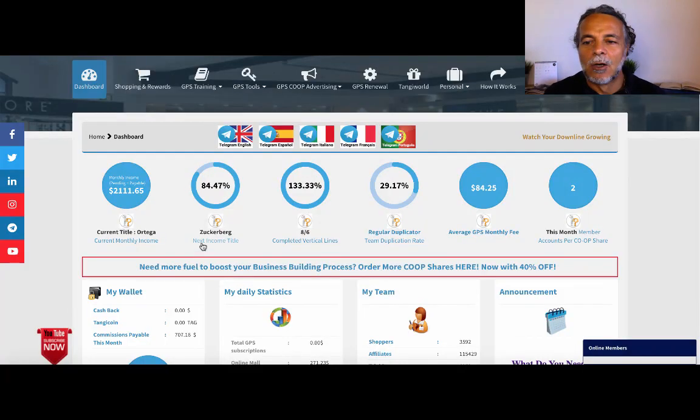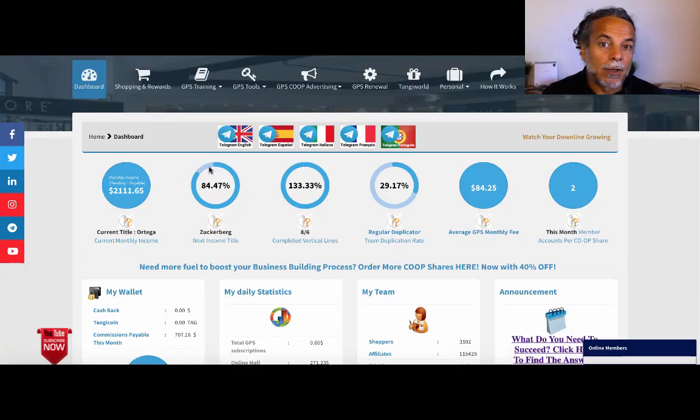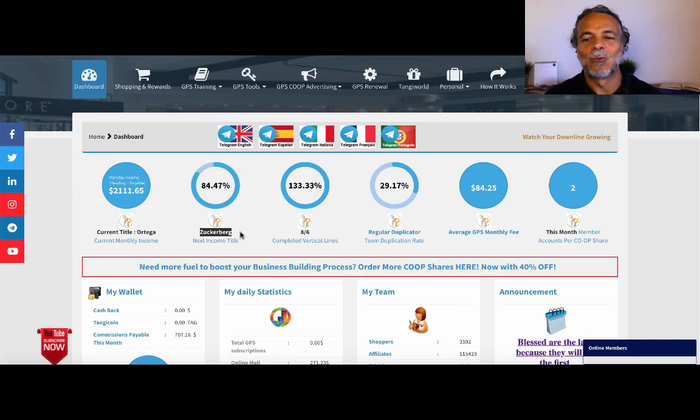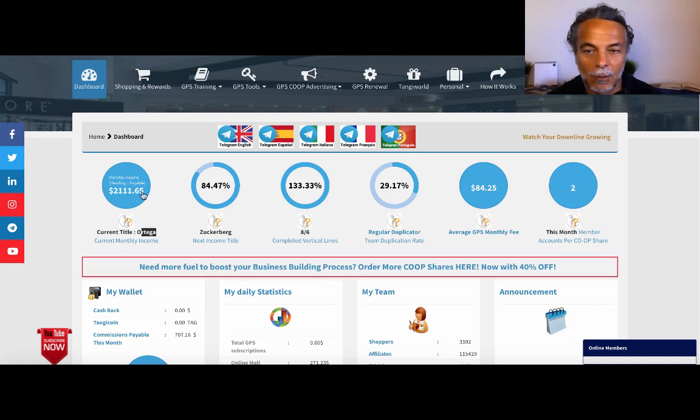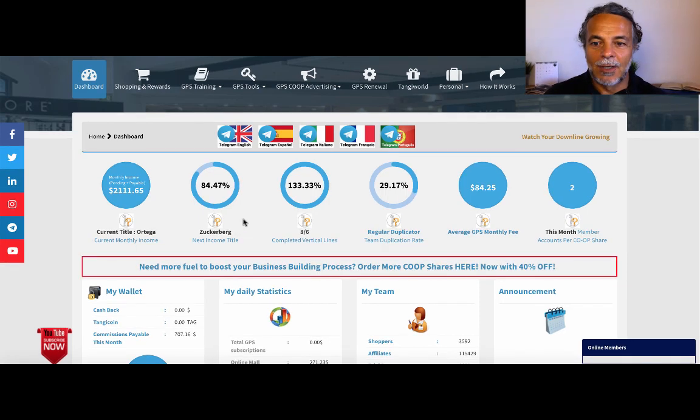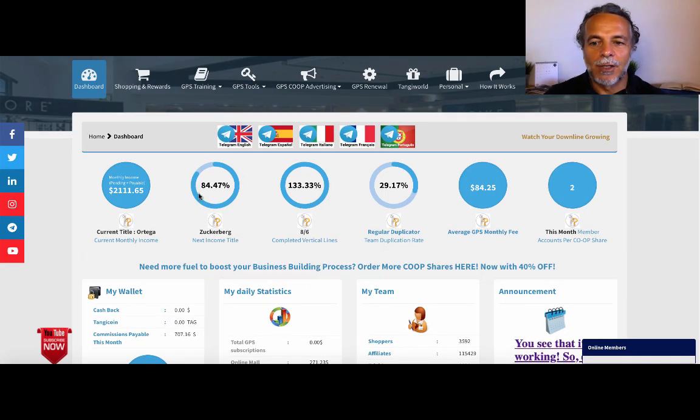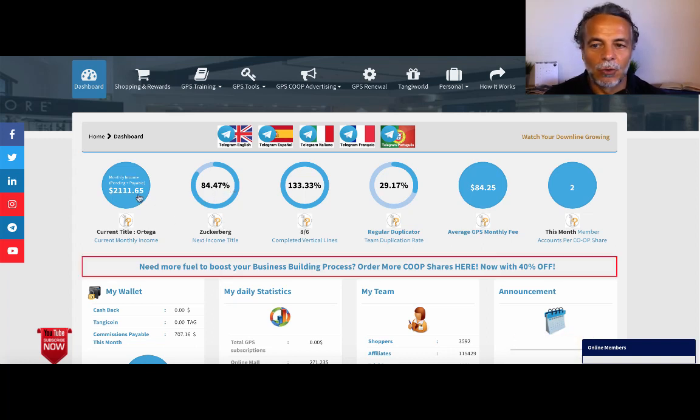Because it explains exactly what we're saying now. Okay, so here you also see this other indicator, which tells you what is the next income title that you are working for. So if now you are Ortega because you have $2,100 in total monthly income, the next one is Zuckerberg, right? And it tells you that you are already at 84% of the title, with $2,111.